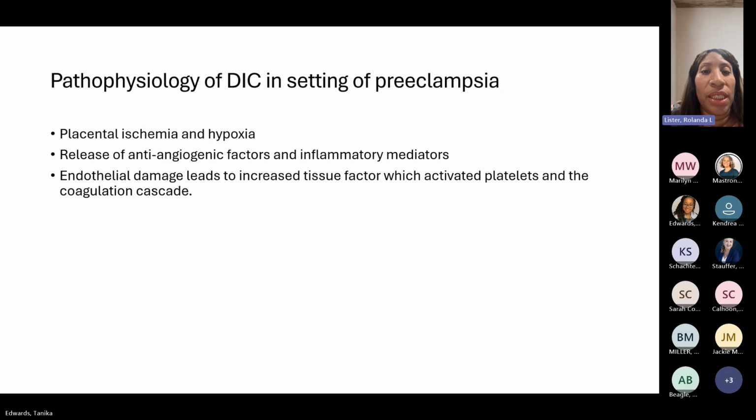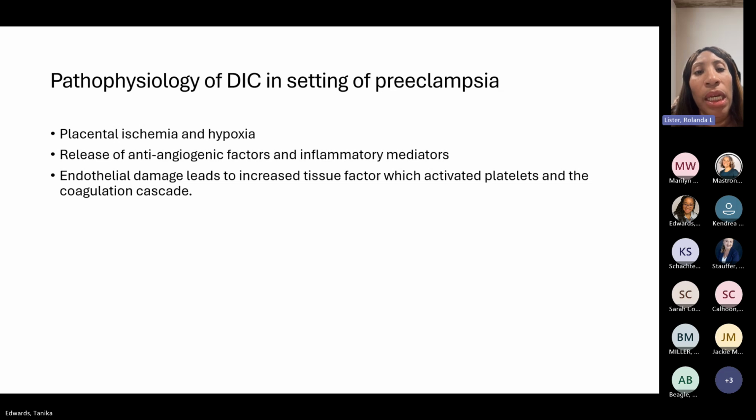Okay, so the pathophysiology of DIC in the setting of preeclampsia. You have endothelial dysfunction. The placenta does not marry the maternal vascular surface as well. There's incomplete union between the placental vessels and the maternal blood vessels. That leads to local ischemia at the level of the placenta and hypoxia.